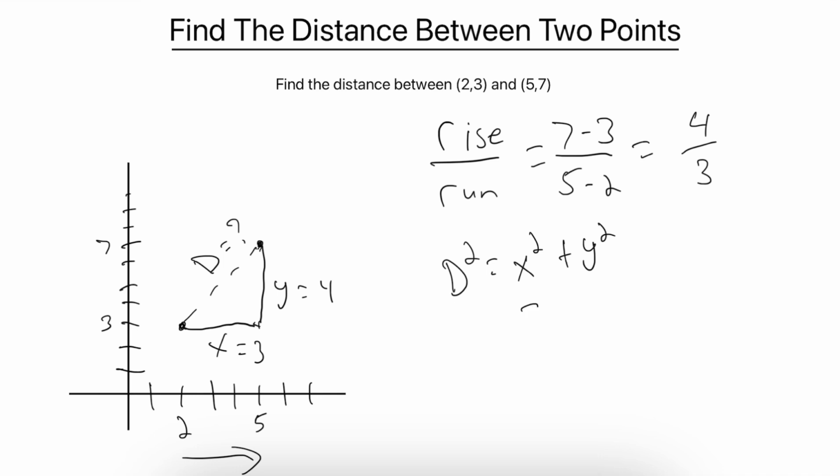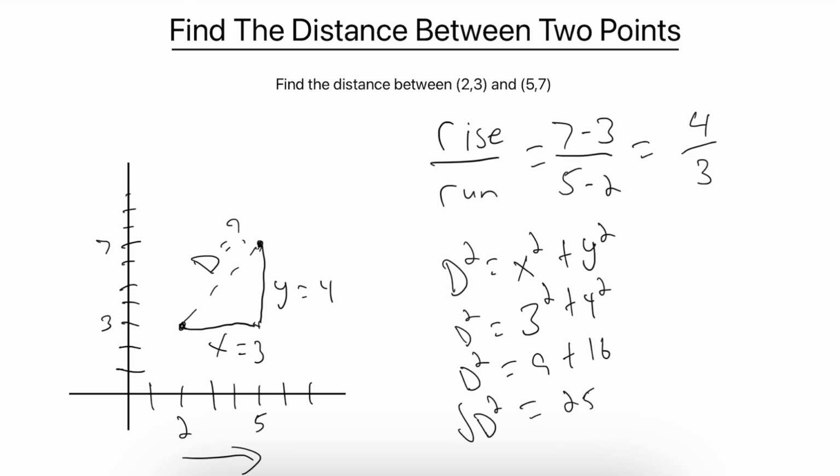So we have 3 squared plus 4 squared equals d squared. So 9 plus 16 equals d squared. So 9 plus 16 is 25. So we'll square root both sides, and d equals 5.